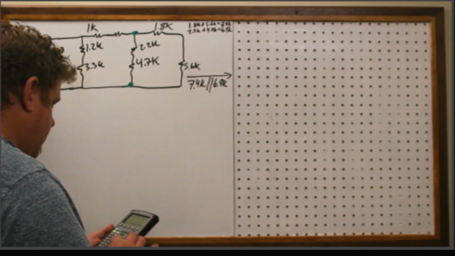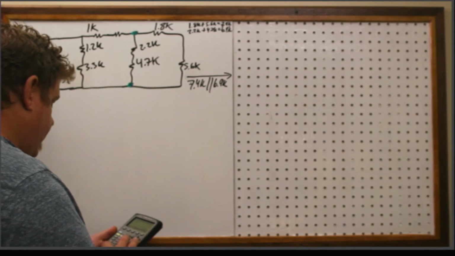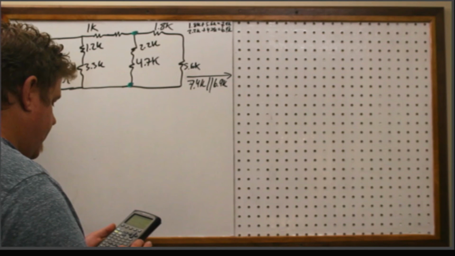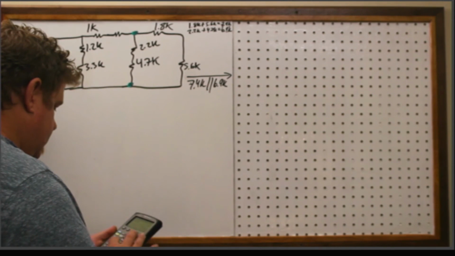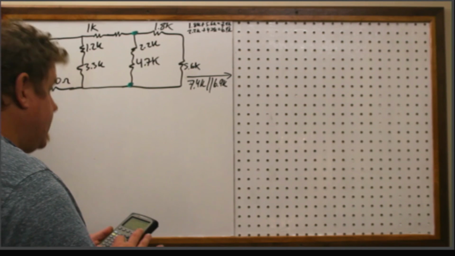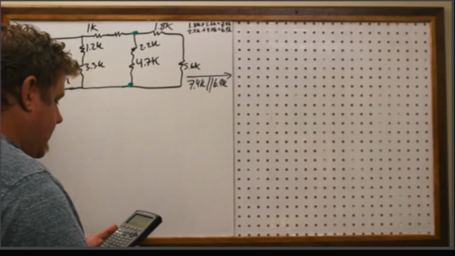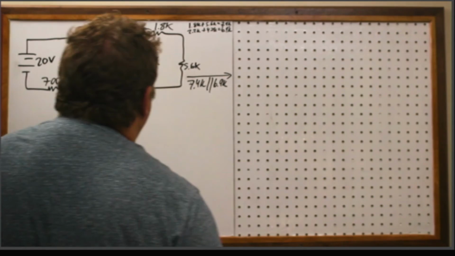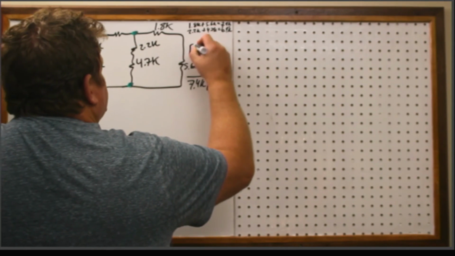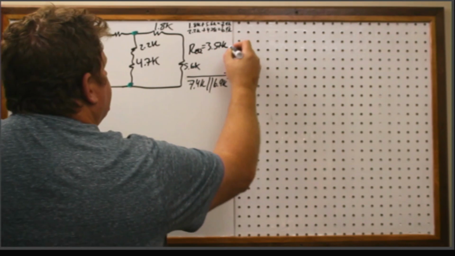And I'm going to do it this way too, just to double check myself. 1 divided by 7.4 plus 1 divided by 6.9. And I got the same thing. So 3.57K. REQ, 3.57 kiloohms.